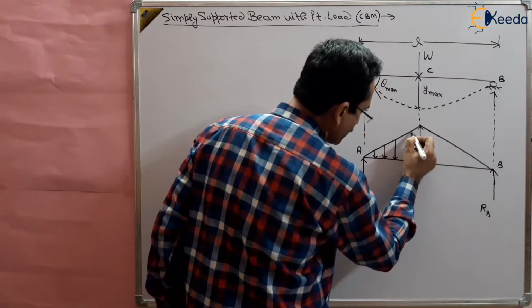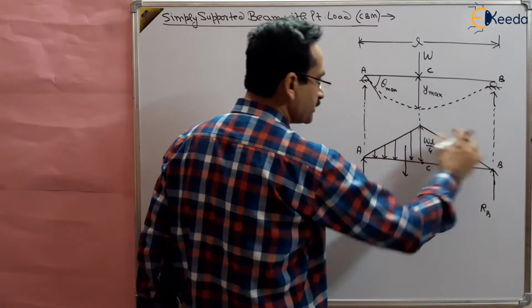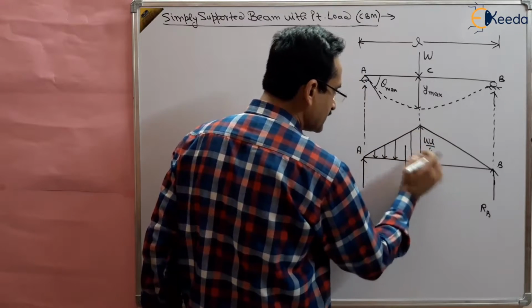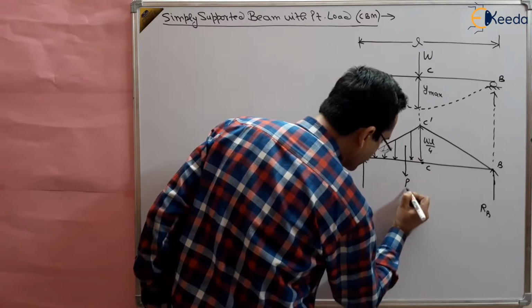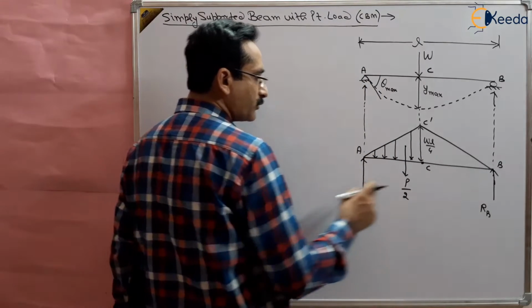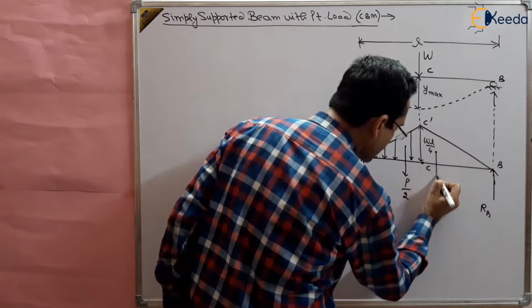So this is the one part. Suppose P is the total load, half will be shared by this triangle AC dash. So this is P by 2 half load, this is P by 2 half load. Half will be here, half will be here in this triangle.